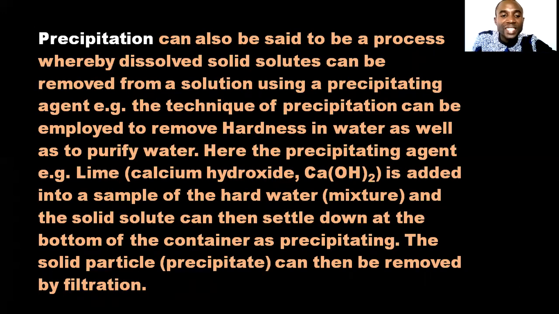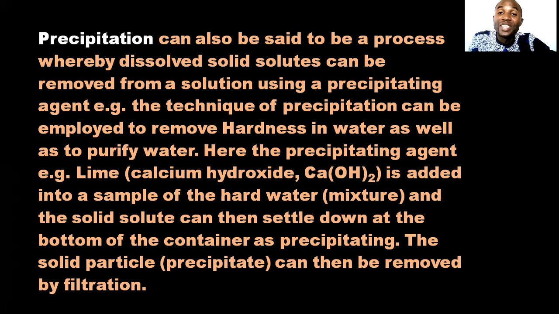Here, the precipitating agent, something like lime, which is calcium hydroxide, is added to a sample of hard water, which is a mixture, because hard water contains some calcium ions, and the solute, which is the solid, can then settle at the bottom of the container, and the solid particles which precipitate can then be removed by filtration.